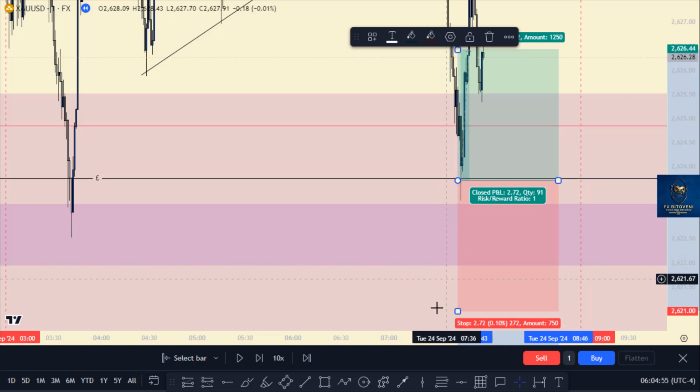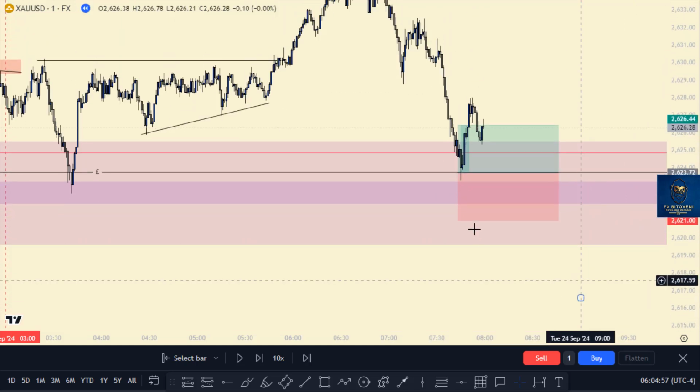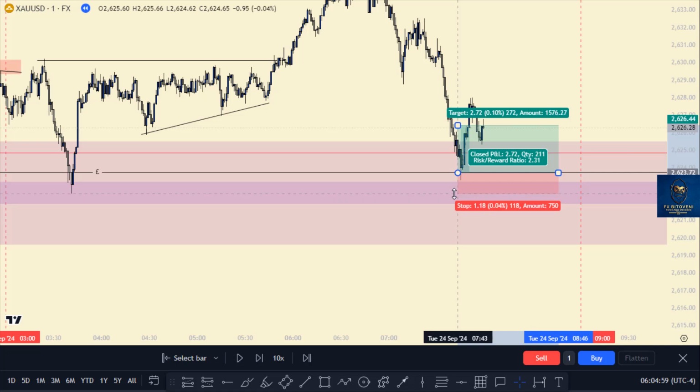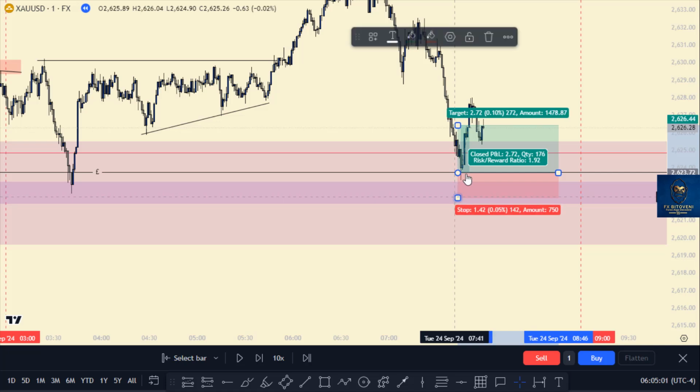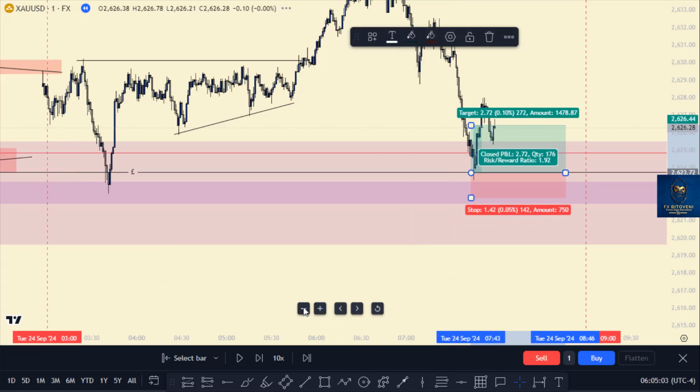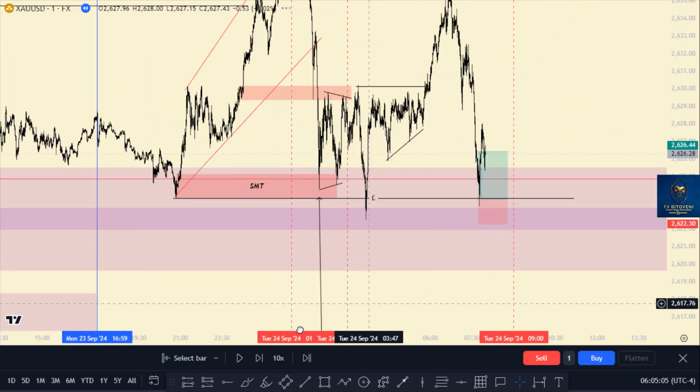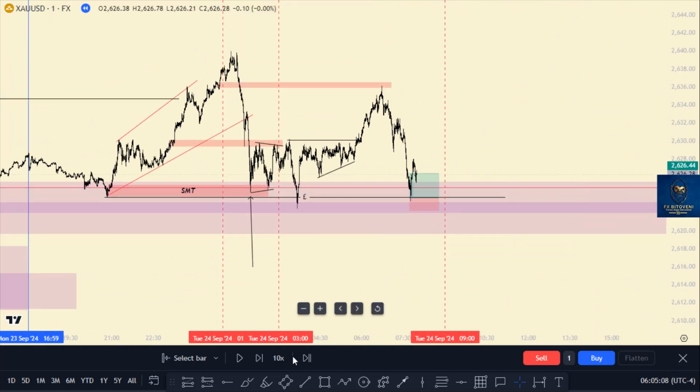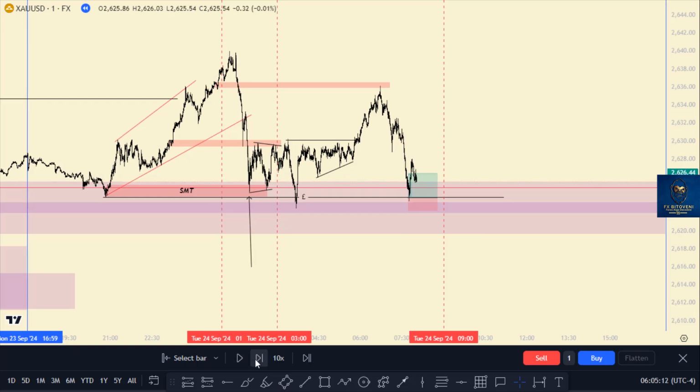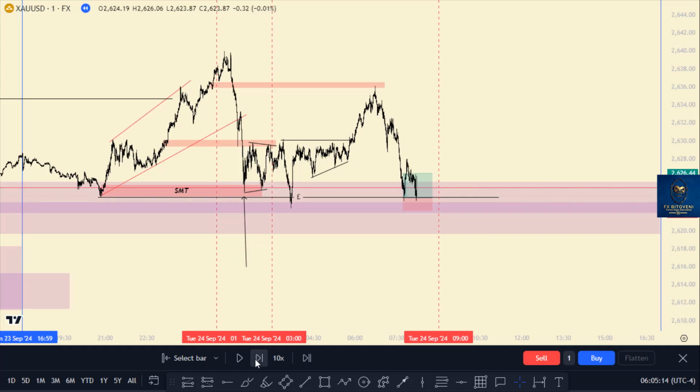Here we are still in a London session. We are still in a London session. Now price is moving higher. Price is moving higher.